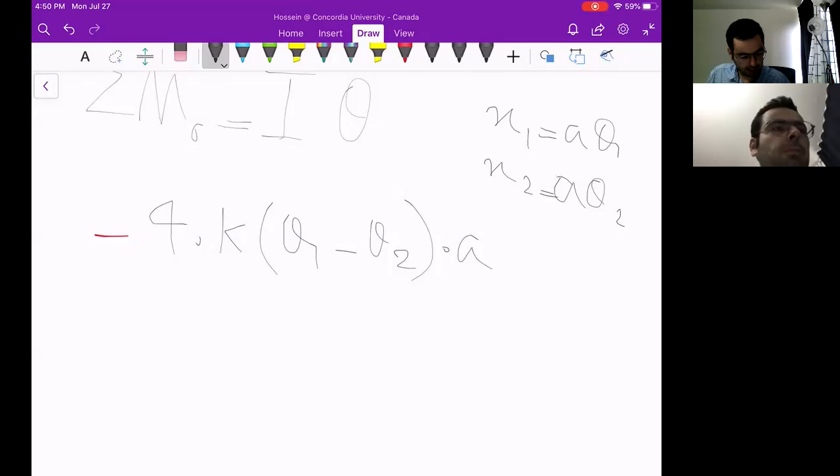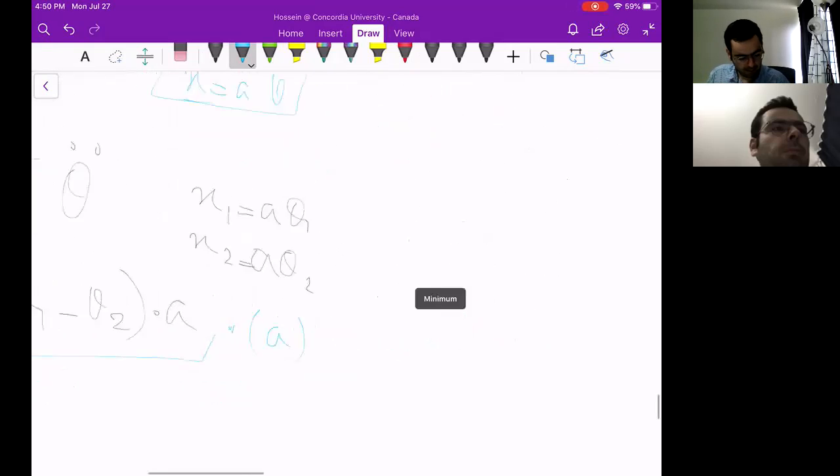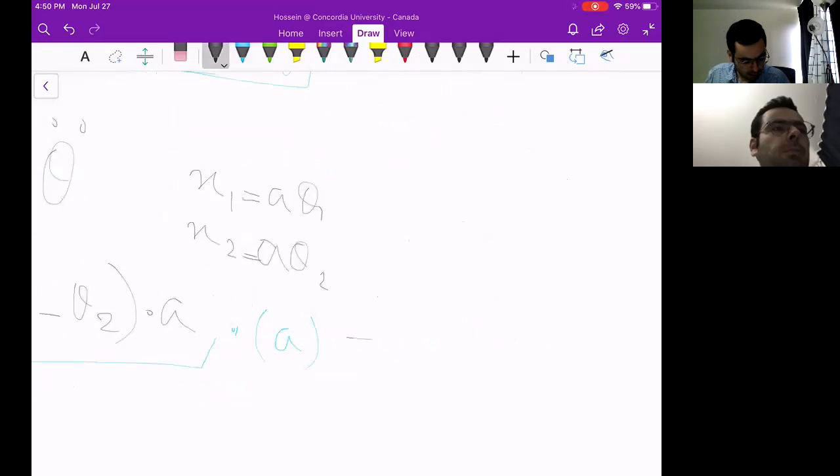So Kx is the force, basically. This is the force, multiplied by the relative arm, which is A, and plus, if there is an external oscillatory momentum like this, m naught sine of omega t, if any external force existed.